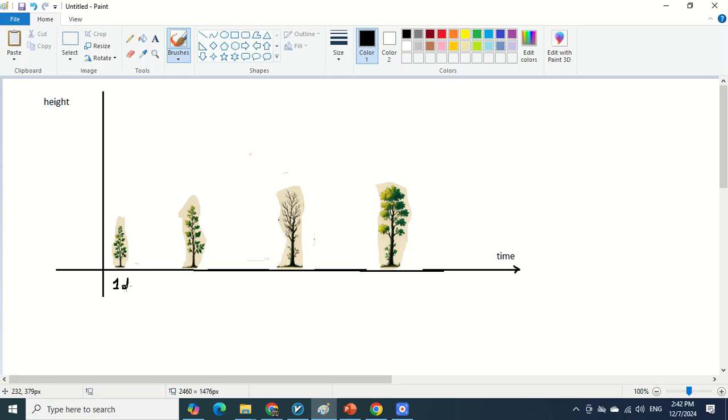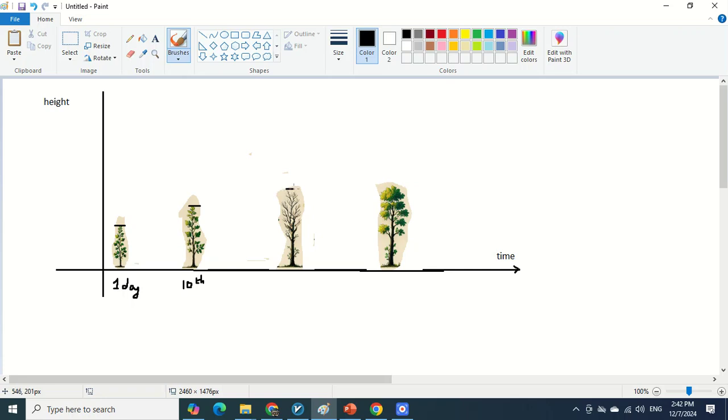At the first day you can see that the tree has this height, and this height changes and grows up to this stage at day, for example, 5 or 10. Let us put it at day 10. On the 10th day we have this height, and it keeps growing step by step.